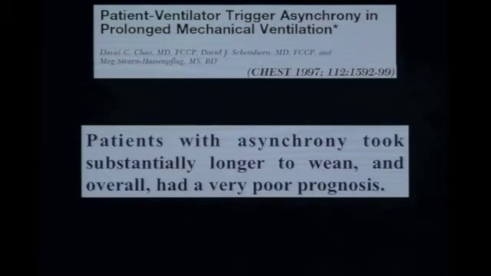And he described this patient population, and at the end he concludes that patients with asynchrony took substantially longer to wean and overall had a very poor prognosis, which does not necessarily mean that asynchrony generates the poor outcome. Maybe these patients have asynchronies because they are sicker.